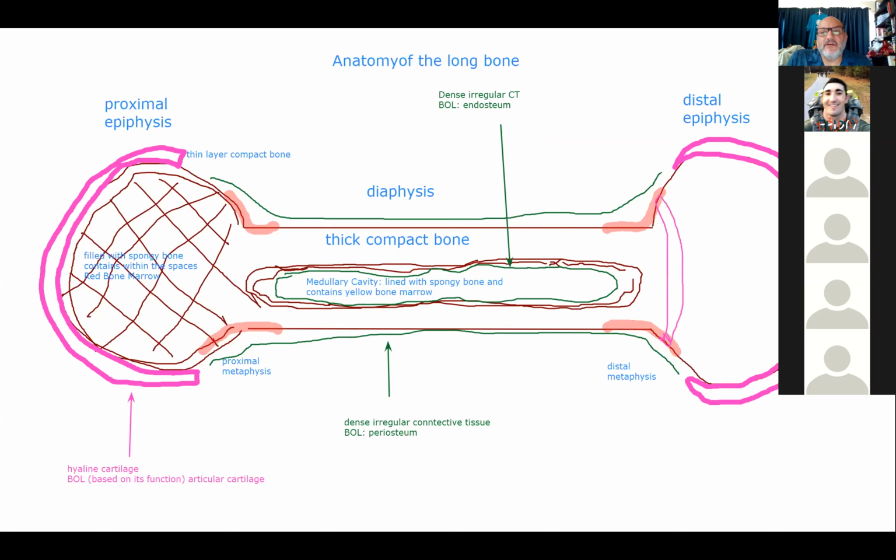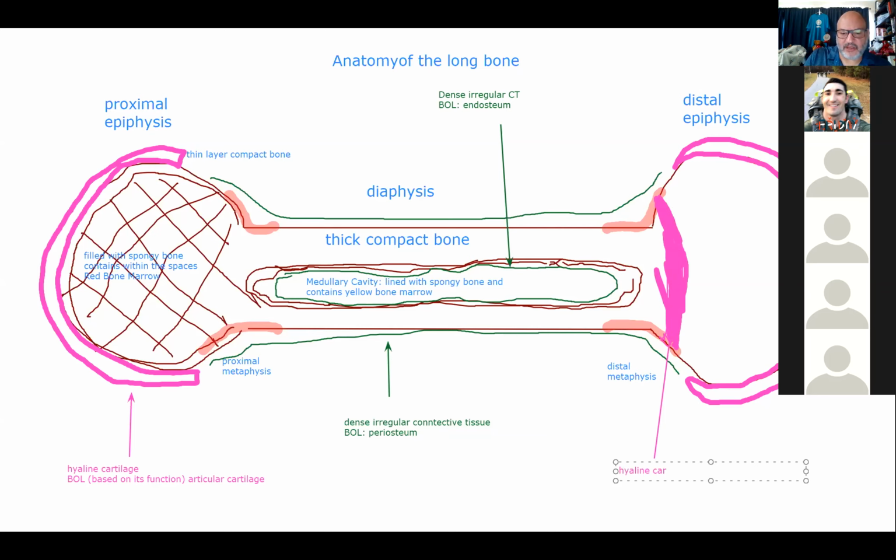And hold on, let me change the width of this to make it easier to draw. Perfect. Within the metaphysis of our bone, in a growing adolescent, is a big chunk of hyaline cartilage that, again, based on its location, is hyaline cartilage.